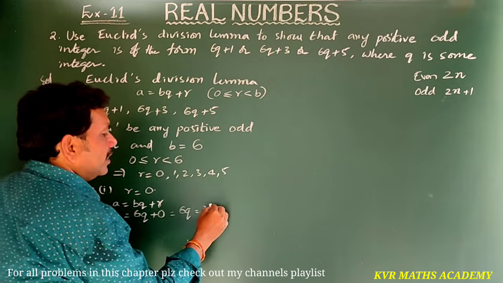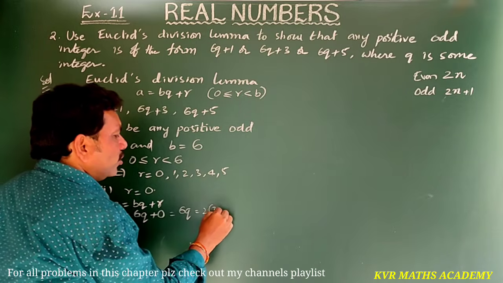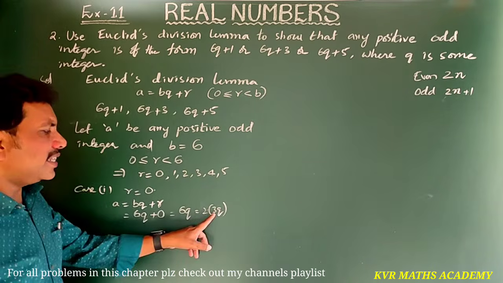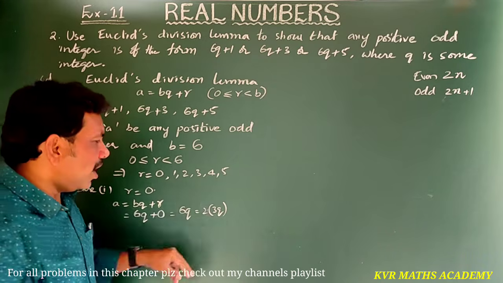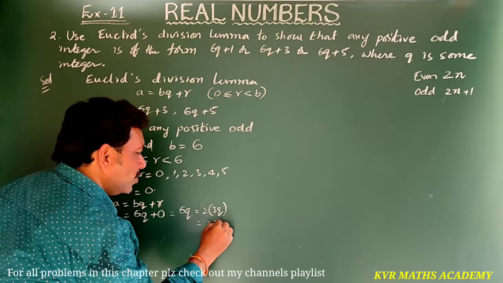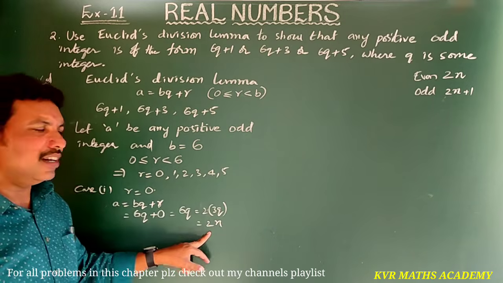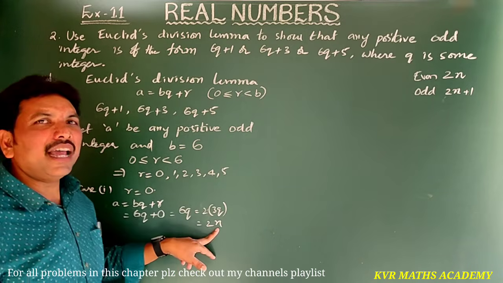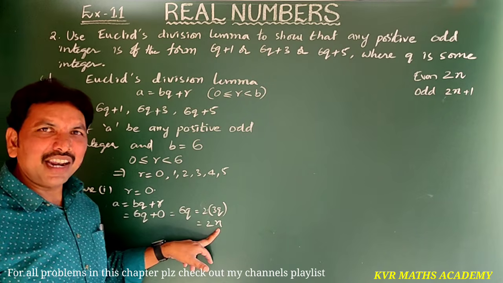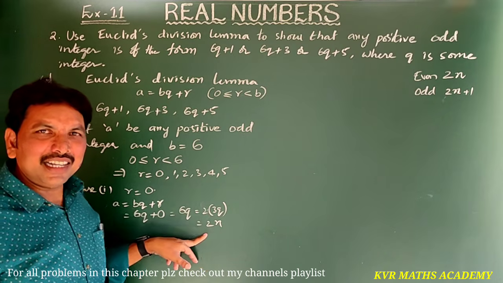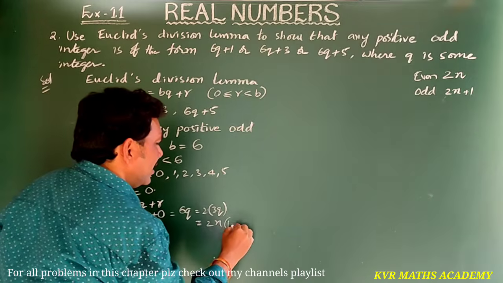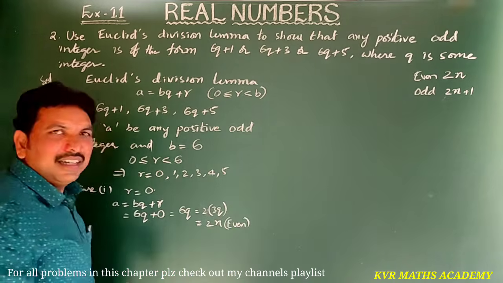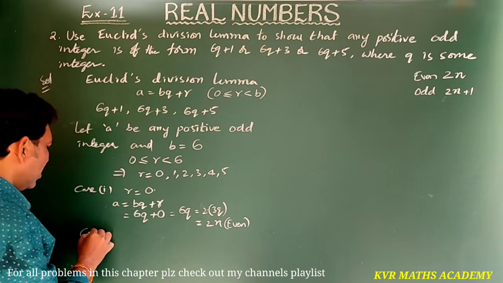This is 3 into 2 into q only, na? 2 3s are 6q. So 2 into 3q. Now it is in the form of 2n. So it is not an odd integer, it is even. Right? It is 2n, so it is of the form even. It is even. Right? Now the case 2.